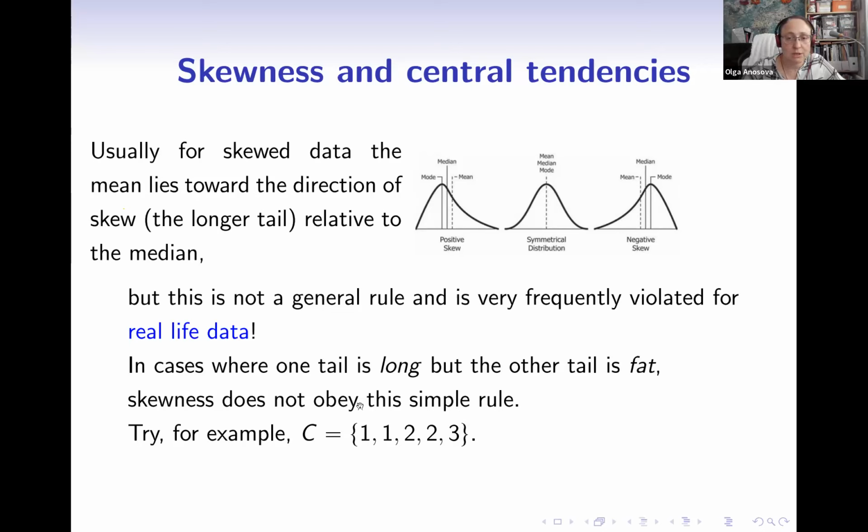It does not conform to that rule which you see in front of you. And in real-life data, fat-tailed distributions are very common, especially in finance. So that's just another example of a textbook rule which is violated more often than not.